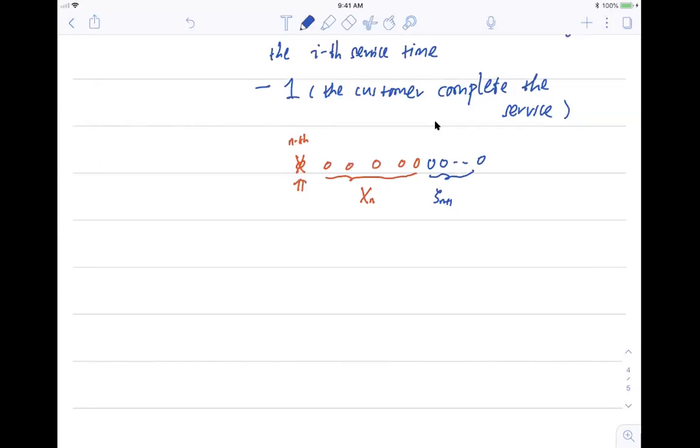Wait, let me make sure, if there's a minus 1 issue, I don't want to make mistakes.